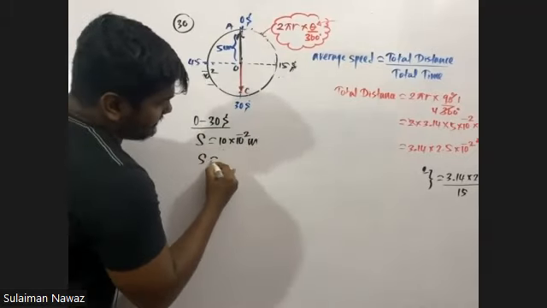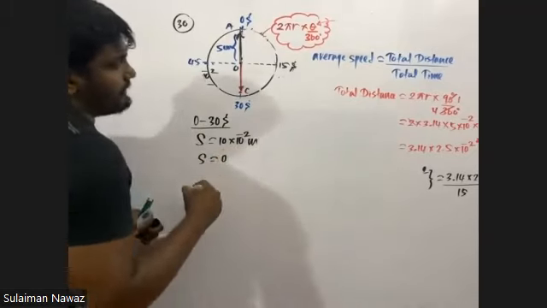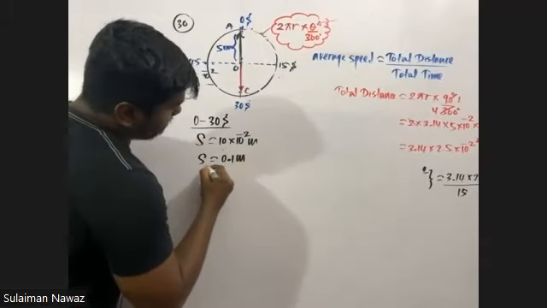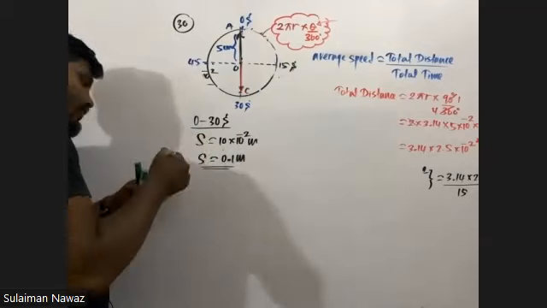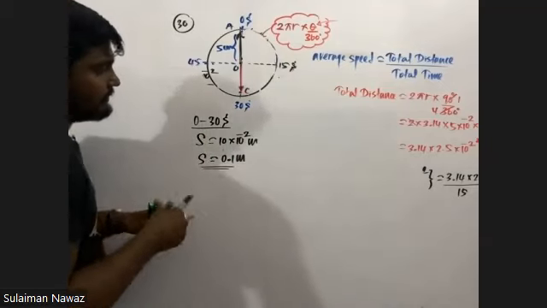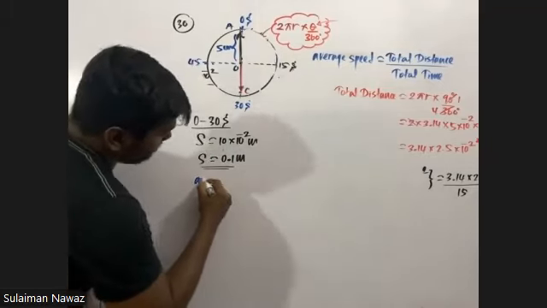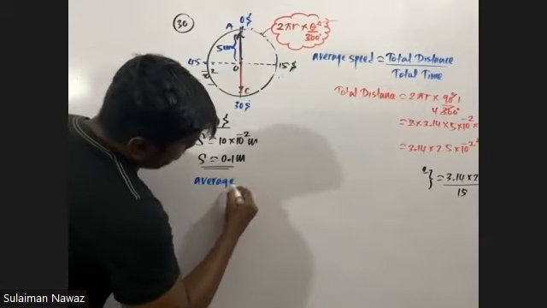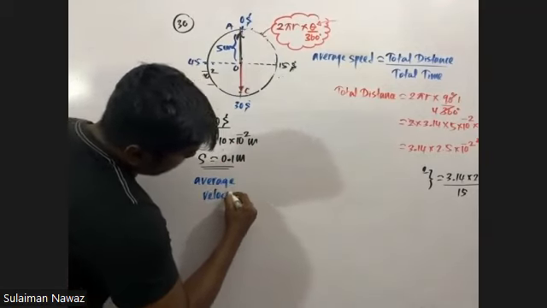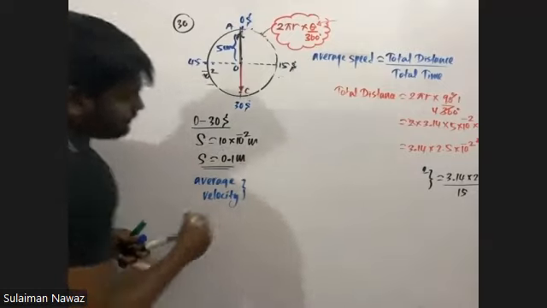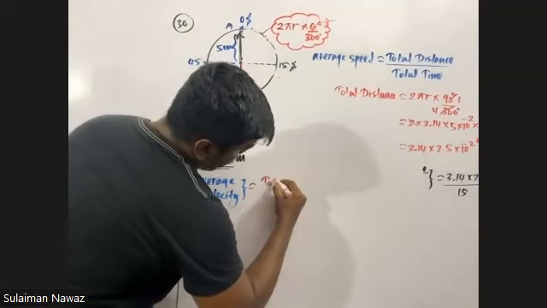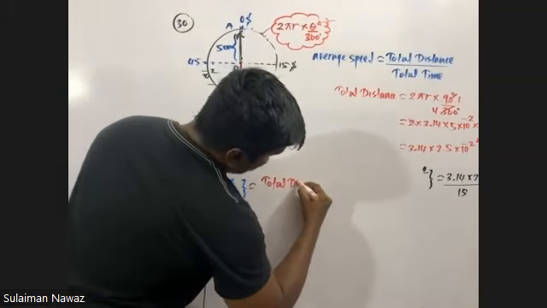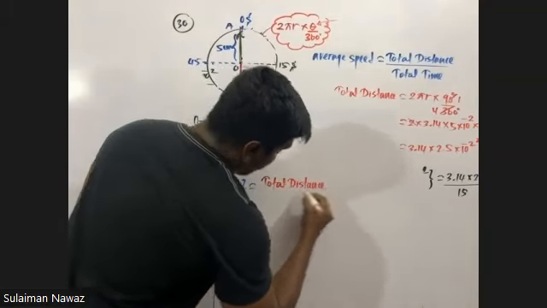So displacement is 0.1 meters. Then next we want to find average velocity. Average velocity means we know total distance over total time.